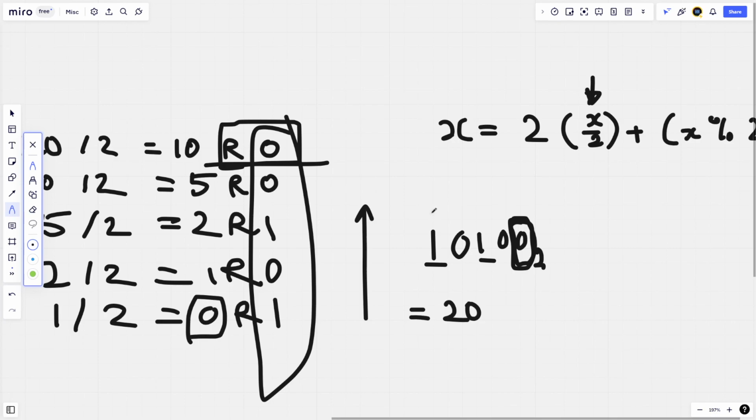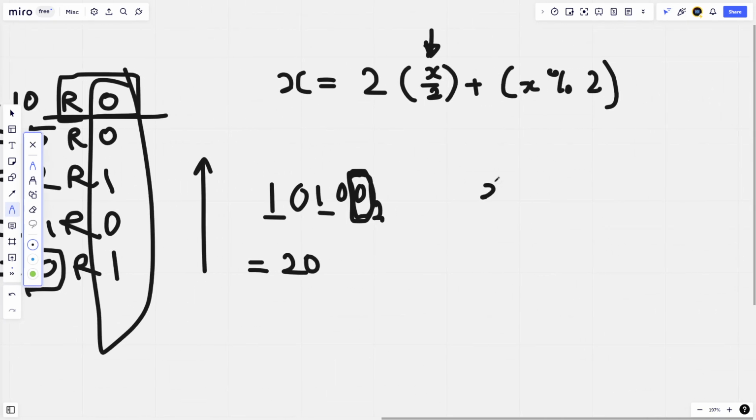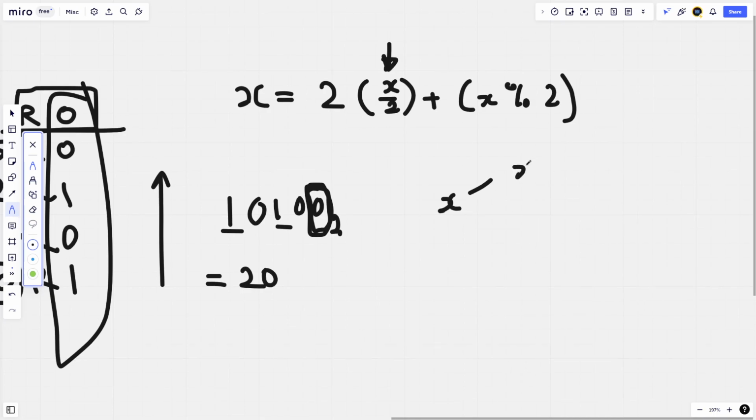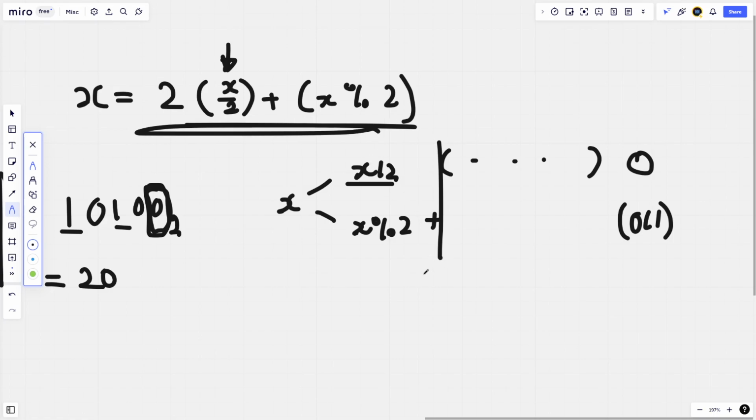When you multiply a number by 2 in base 2, you also put a 0 at the end. And so what we're saying is we're taking x, we're splitting it into x divided by 2 and x mod 2. x mod 2 represents the last digit, which is either a 0 or a 1. And x divided by 2 will give us some number that we then multiply by 2. And then we add these together, like here, to get x.